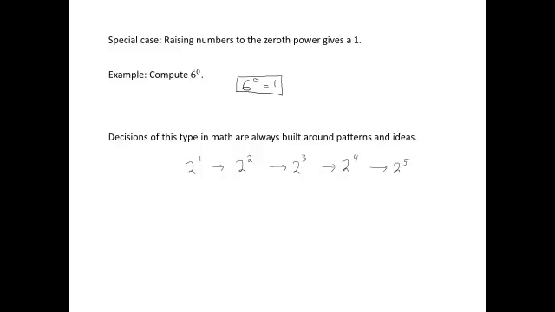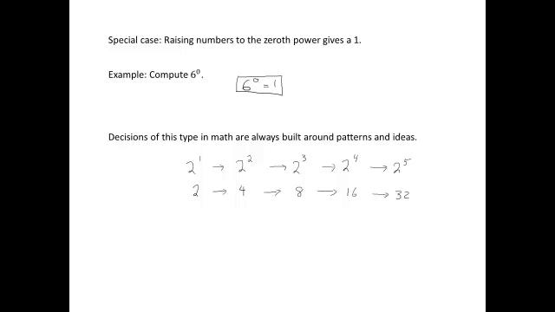Let's calculate these values. 2 to the 1st is just 2. 2 squared, 2 times 2 is 4. 2 cubed, 2 times 2 is 4, times another 2 is 8. 2 to the 4th turns out to be 16, and 2 to the 5th turns out to be 32.